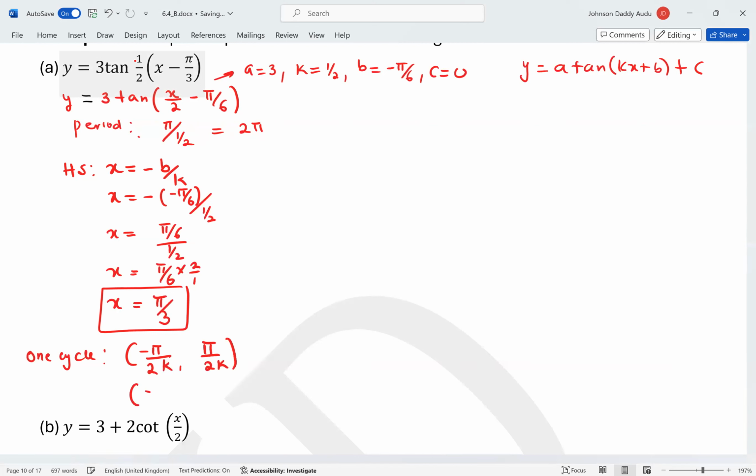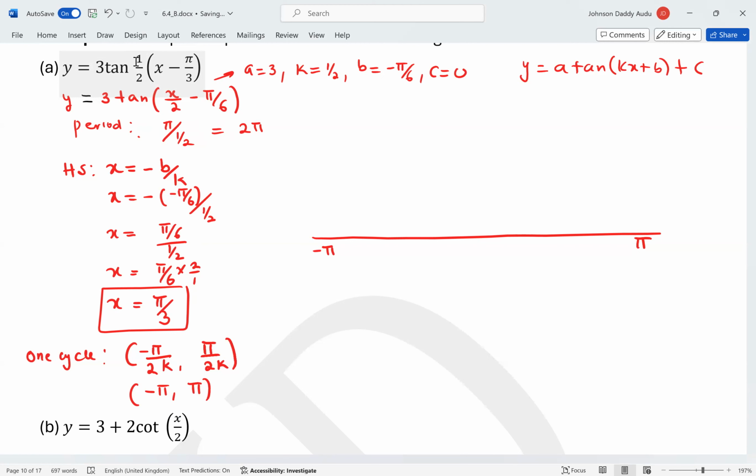So this will become just minus pi to pi, because if we substitute k to be half, then we'll have minus pi to pi. So originally, the graph is supposed to be from minus pi to pi. This is what it should be without considering the horizontal shift. Is that okay?